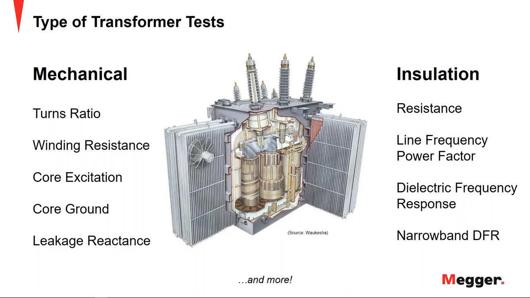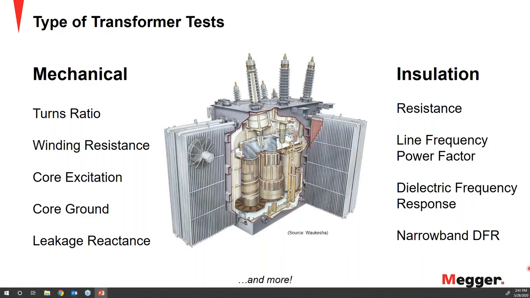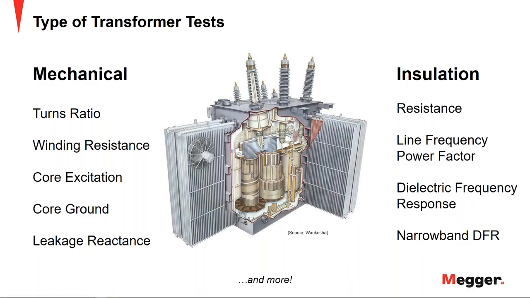On the other side, for an oil filled transformer, you may not want to do a PI test, which is an insulation resistance test with the ratio of the 10 minute over the 1 minute reading. So based upon what kind of transformer you have, there are various standards out there, IEEE, IEC, and NETA ATS and MTS standards, that list what field tests you can perform based upon the type of transformer you have, dry type or oil filled.